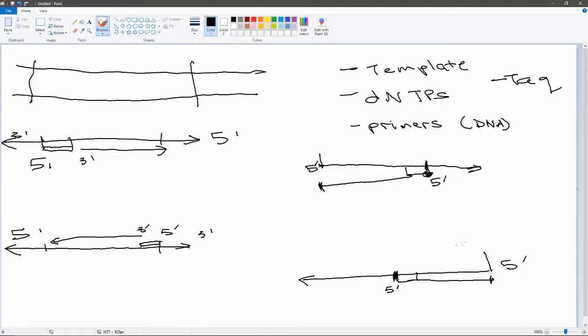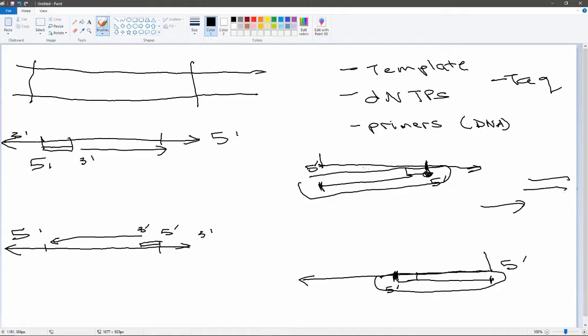By the end of our second step of PCR, we'll have one correct DNA molecule. And after our third step, after you use this as a template, will you have correctly sized DNA molecules? Does that make sense to everybody?